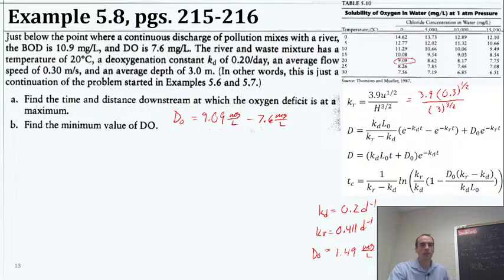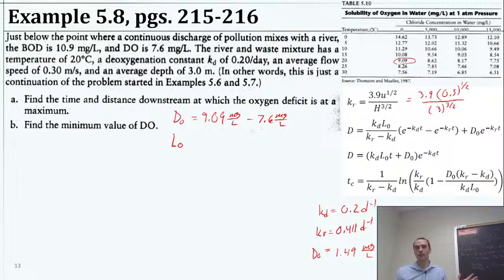Okay, so then we have most of what we need to solve this. One other piece would be the initial BOD. If we read the problem, it says just below that point, the BOD is 10.9 milligrams per liter. We can think of that as the biological oxygen demand.